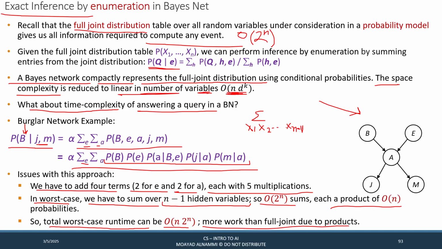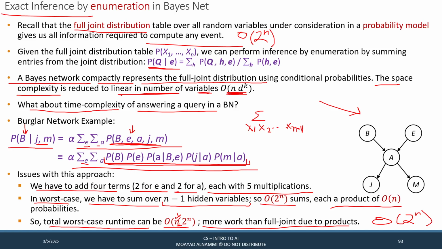That's more work than the full joint table. If you remember, the full joint table time complexity is O(2 to the power of n). Where am I getting this n? Well, if you remember, the full joint works on these entries, whereas the n term here is because you're breaking down, having to do these multiplications.